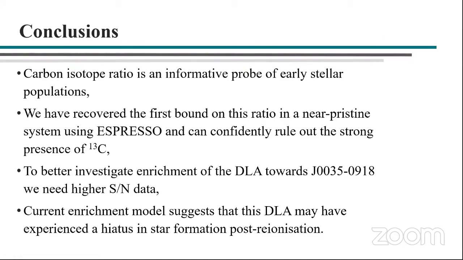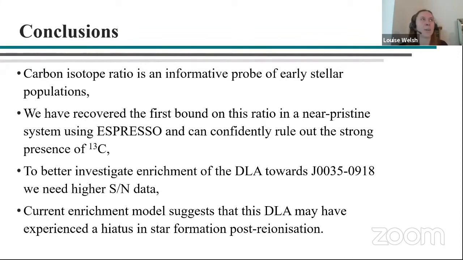Let me ask something. How many more objects do you think you can have in recent and near future comparable to like 0035? Yeah, you mean a system similar to this, where we could try and do a similar measurement? Yeah, it's tricky because it requires the gas cloud to be quite quiescent, and also for it to be metal poor, which is a rarity in itself.